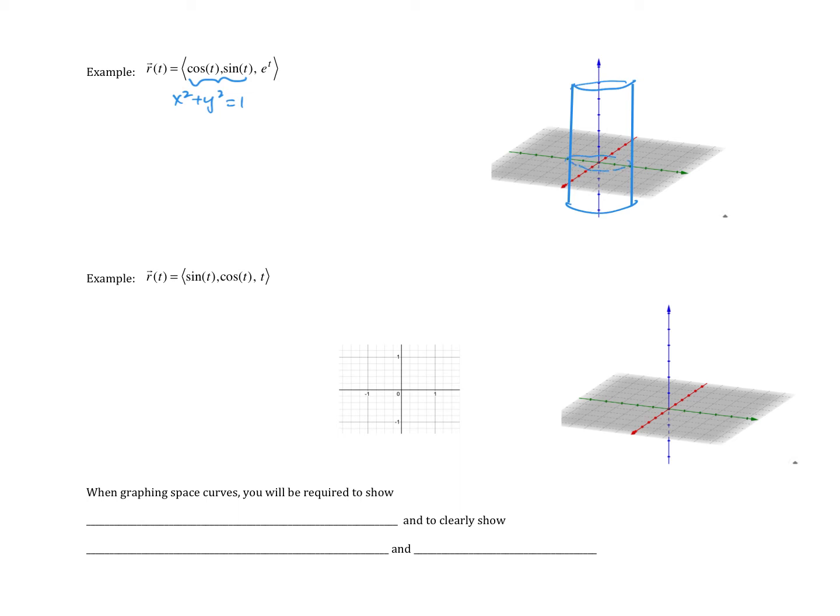Okay, we're on that cylinder. But this time, how does z behave? Well, z is a function of t. z equals e to the t.